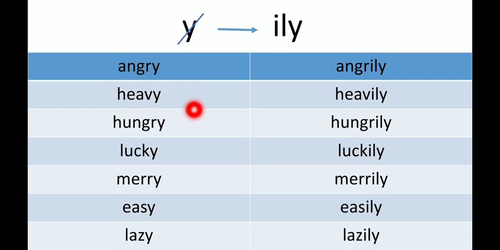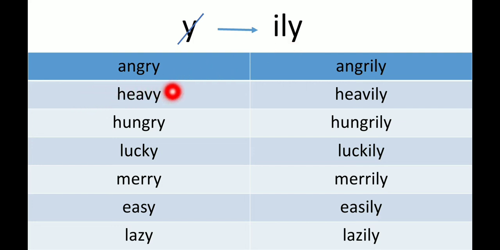Angry, heavy, hungry, lucky, merry, easy. And the last one is lazy. Can you notice the last letter of all these words? There is Y. And what do we have to do? We have to drop the Y and add ILY to make them adverbs.